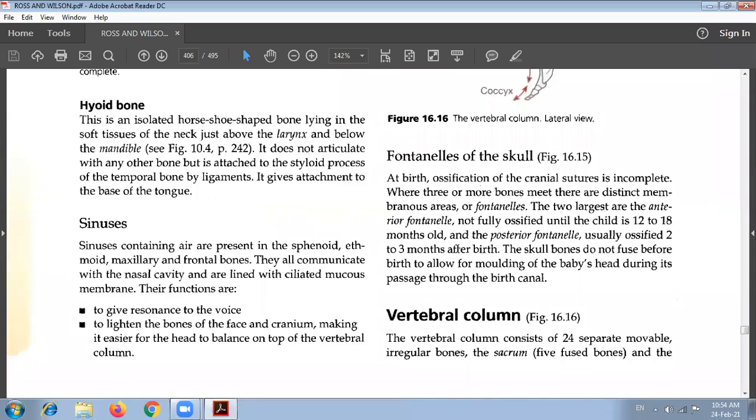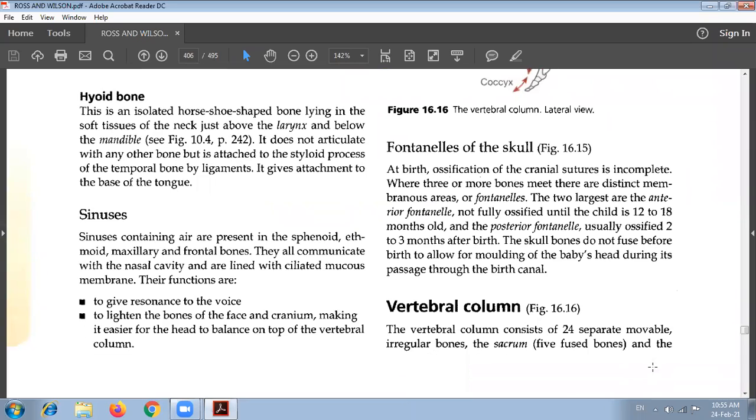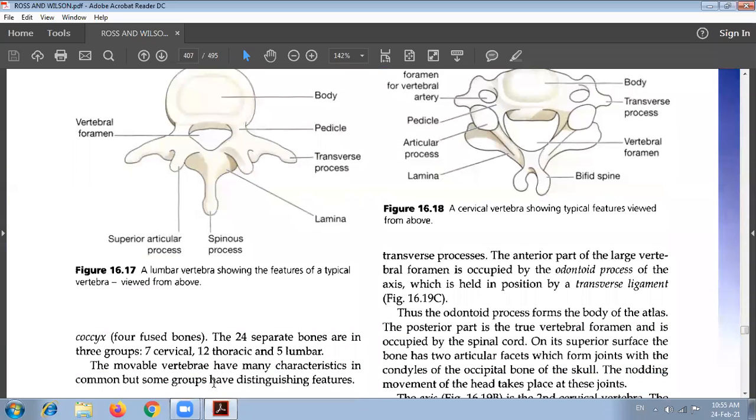Next, here you can see the vertebral column consists of 24 separate movable irregular bones, the sacrum, five fused bones, and the coccyx, four fused bones. The 24 separate bones are in three groups: 7 cervical, 12 thoracic, and 5 lumbar.